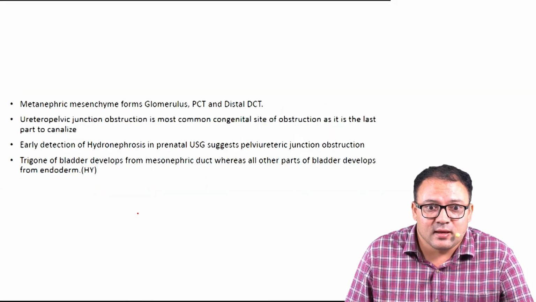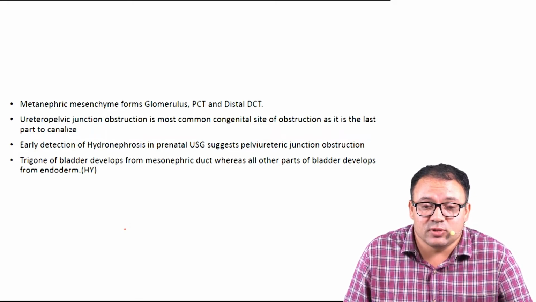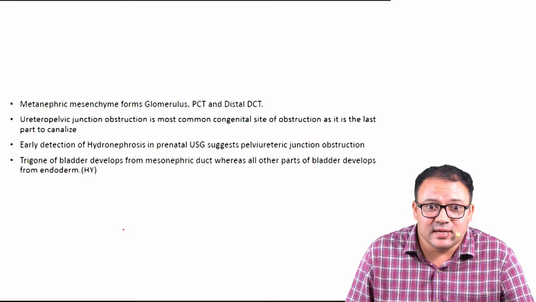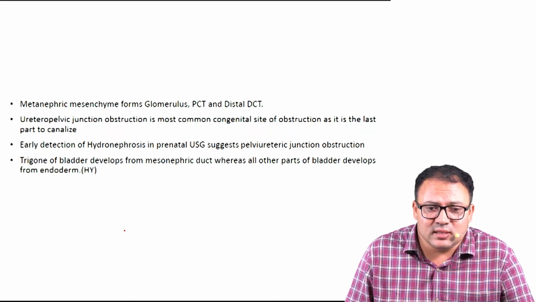Whereas the metanephric mesenchyme forms the glomerulus, PCT and distal convoluted tubule. So what you have to know is metanephric mesenchyme forms the glomerulus, the filtrating part. Ureteric bud mainly forms the collecting part. When there is an interaction between the metanephric mesenchyme and the ureteric bud, the adult kidney is formed.